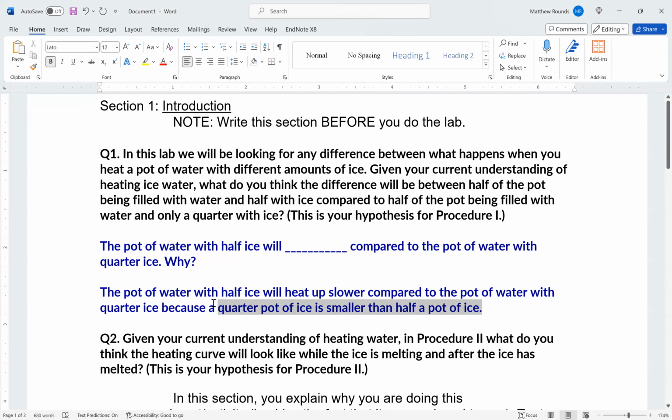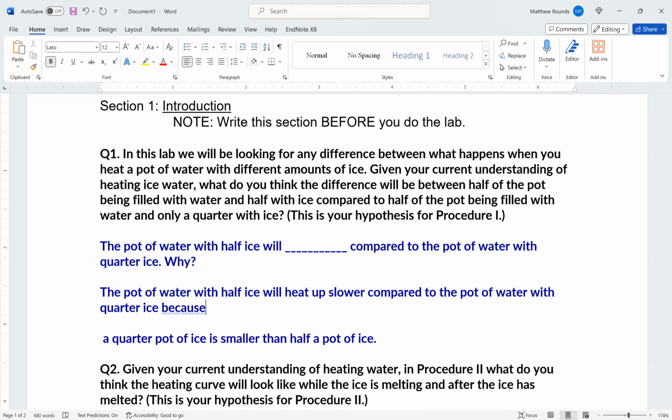Okay, so we can't say that. But I mean I understand what you're trying to say. That's good. Think about energy. So we want to use the word energy, and you can also talk about how long.